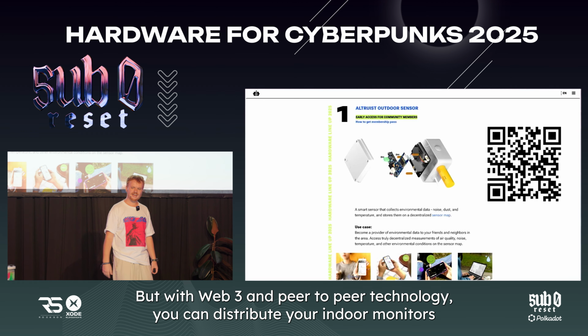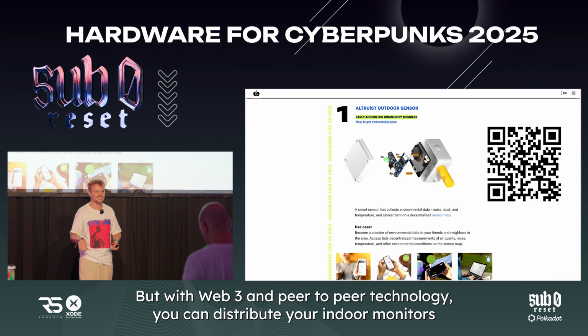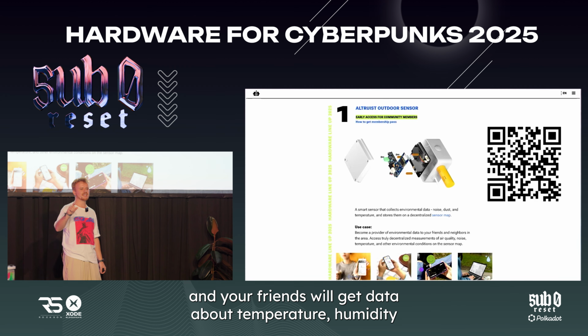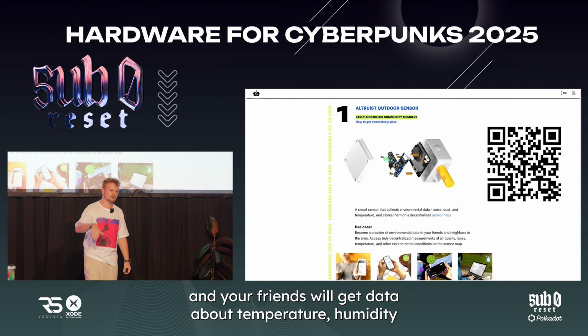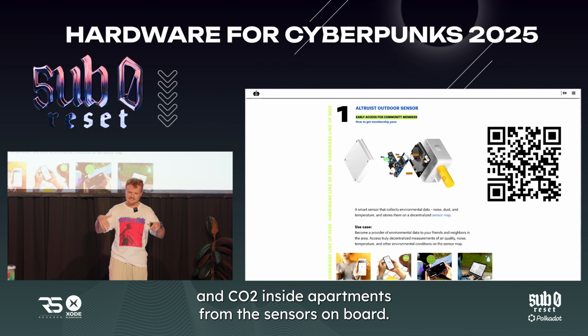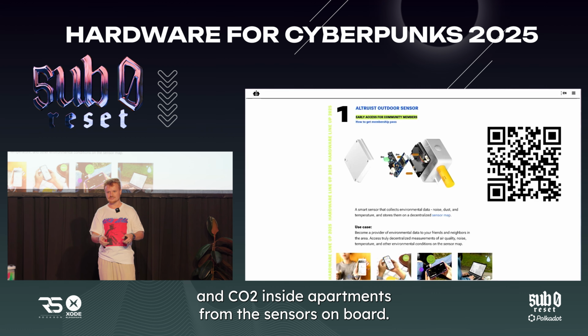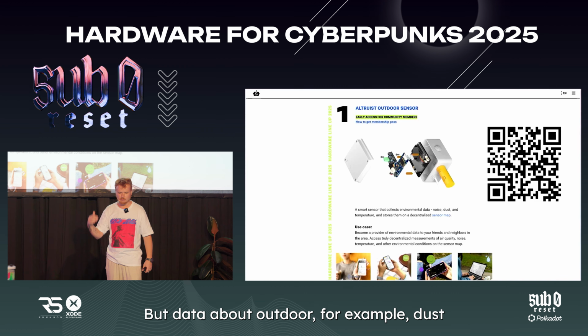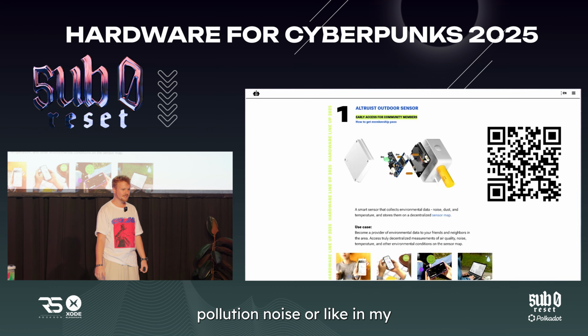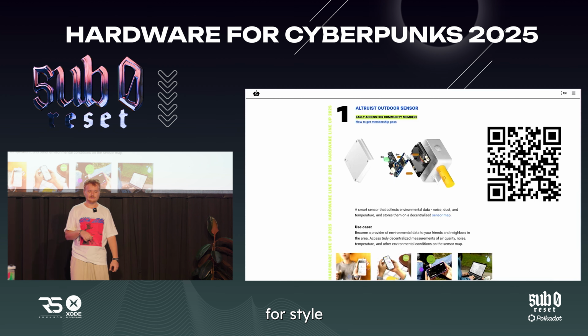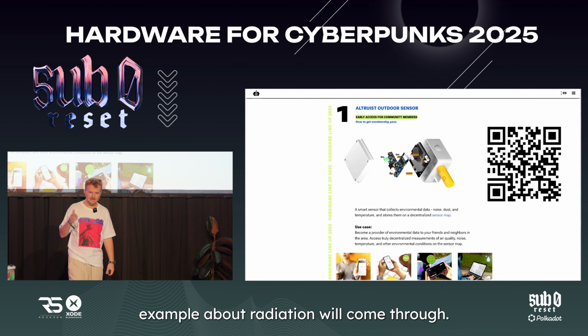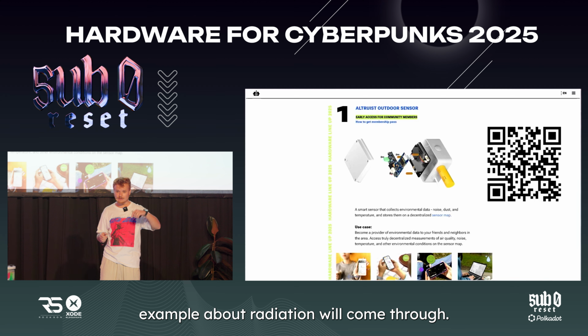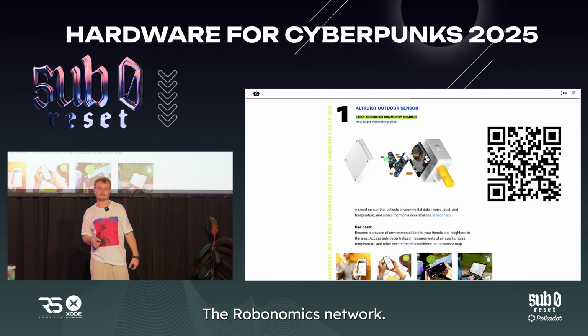But with Web3 and peer-to-peer technology, you can distribute your indoor monitors, and your friends will get data about temperature, humidity, and CO2 inside the apartment from the sensors on board, while data about outdoor dust pollution, noise, or, like in my Fallout-style example, radiation, will come through the Robonomics network.